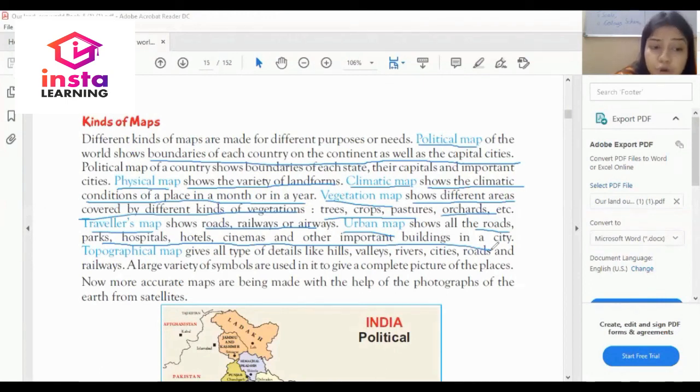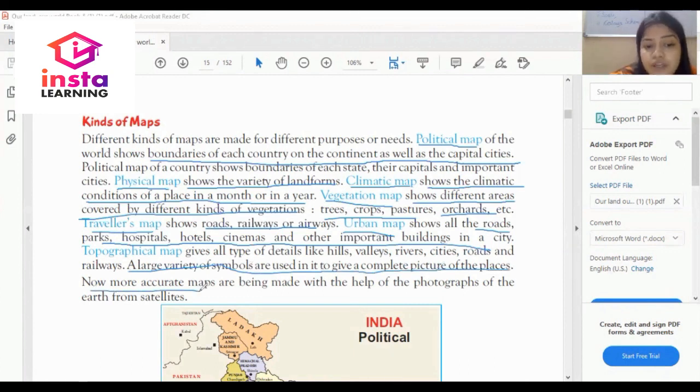Topographical maps give all types of details like hills, valleys, rivers, cities, roads and railways. A large variety of symbols are used in it to give a complete picture of places.